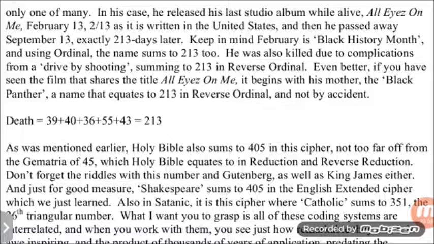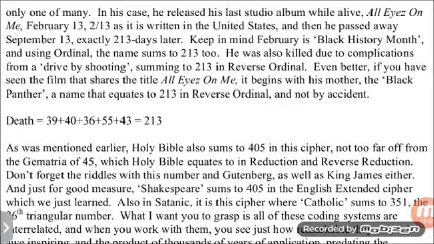Keep in mind, February is Black History Month, and using ordinal, the name sums to 213 too. He was also killed due to complications from a drive-by shooting, summing to 213 in reverse ordinal. Even better, if you have seen the film that shares the title All Eyes on Me, it begins with his mother, the Black Panther, a name that equates to 213 in reverse ordinal, and not by coincidence.